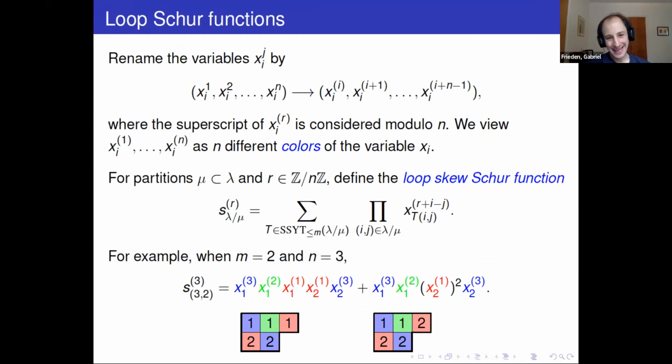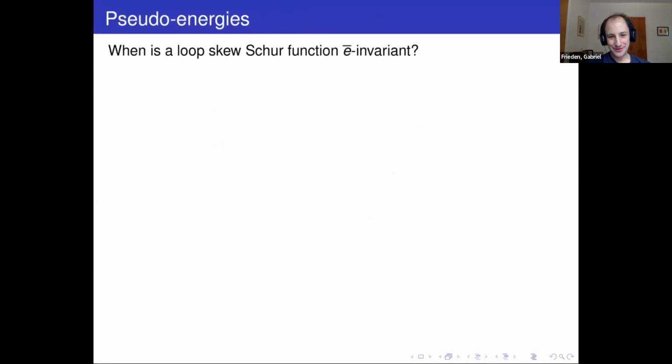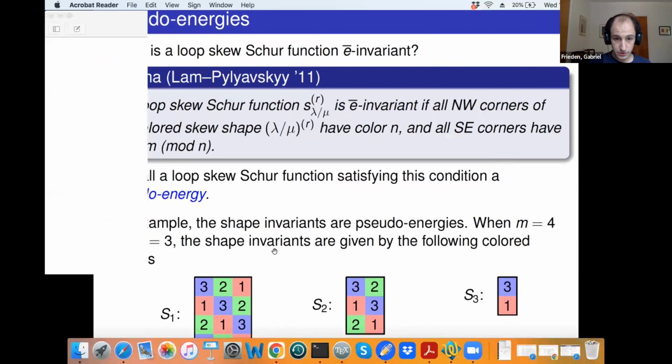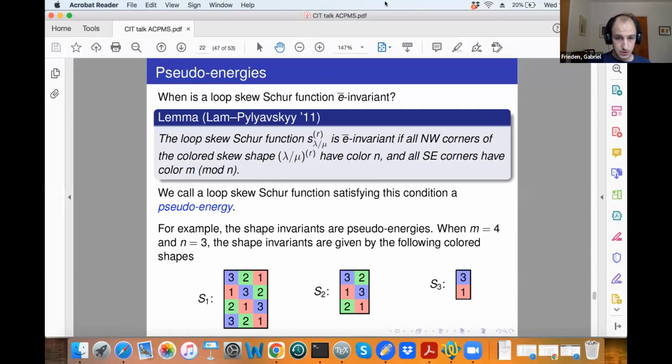So here, this sequence of shapes, you're getting from this shape to this shape by removing this.